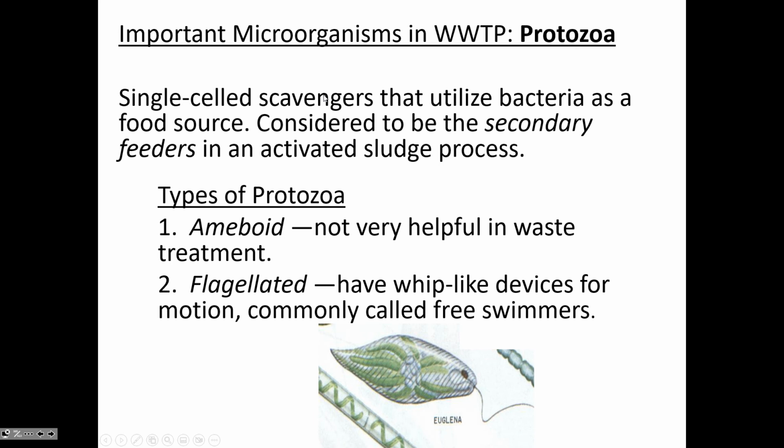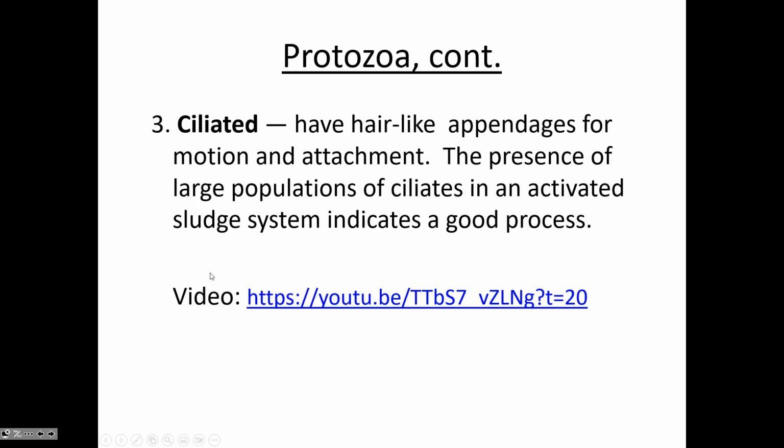If there are feeders, then that's the predator breaking down some of the prey. There are different categories of protozoa, amoeboid and flagellated, but the ciliated protozoa are the most dominant in a wastewater treatment plant. And here's that video I was mentioning earlier that illustrates what they look like.